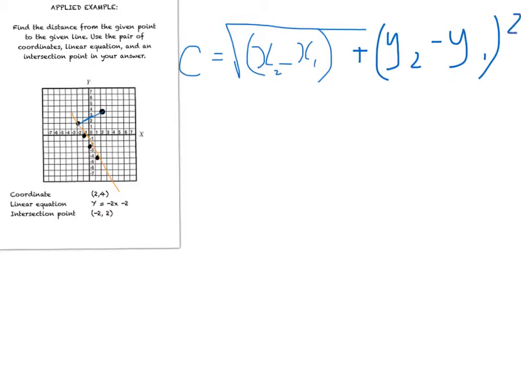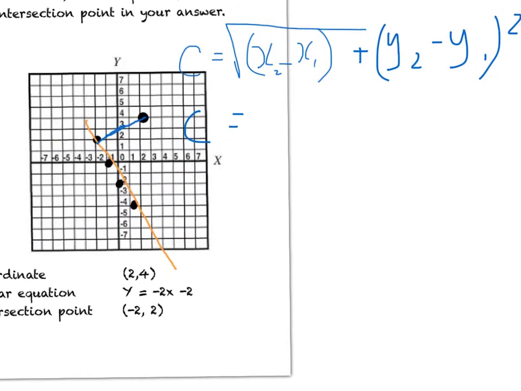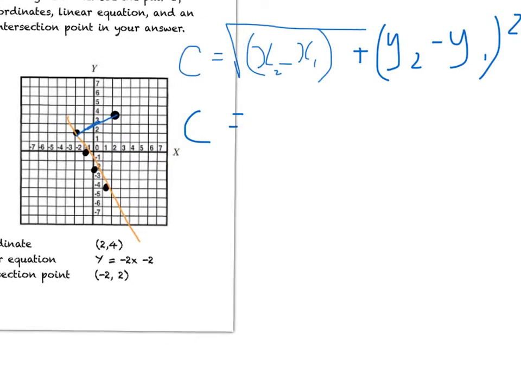Going back to video 1 now. Now the intersection point, let's make this one x1, so negative 2. The coordinate is 2. So in other words, we've got 2 and negative 2.